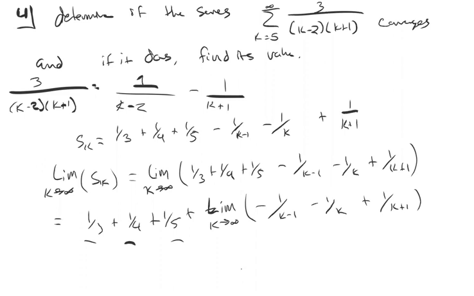So evaluating this limit, well, this goes to 0, this goes to 0, this goes to 0. So our limit of partial sums is just 1/3 plus 1/4 plus 1/5. And then if we wanted to get that over a common denominator, we would multiply the first fraction top and bottom by 20, so that'd be 20 over 60.